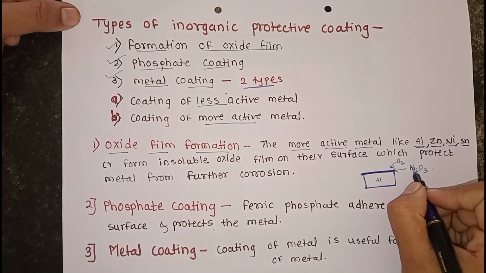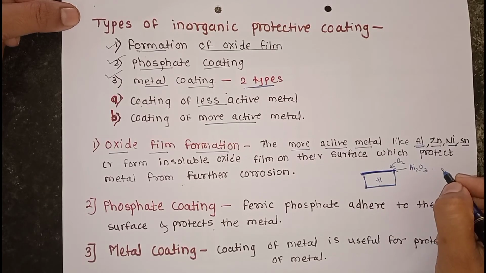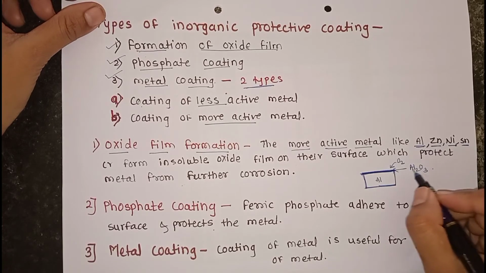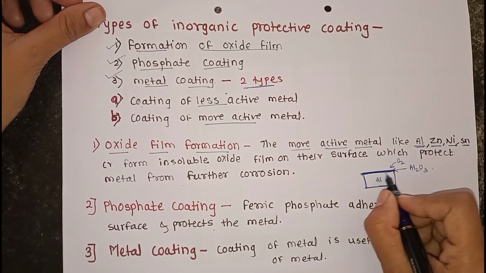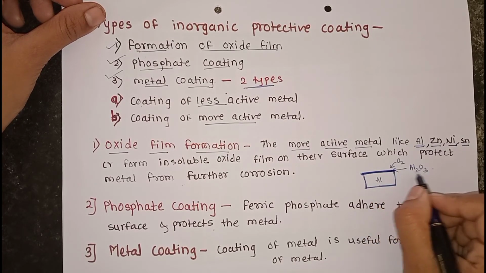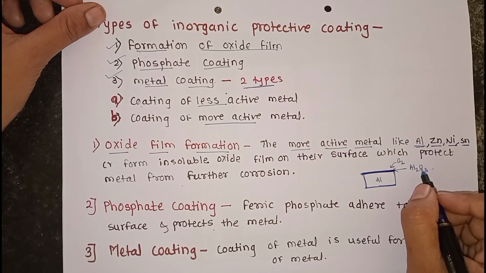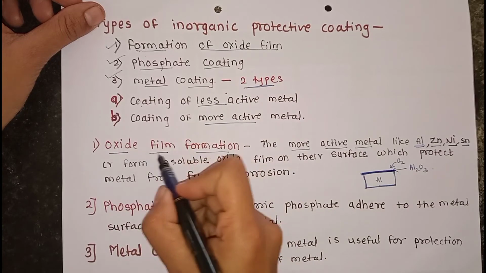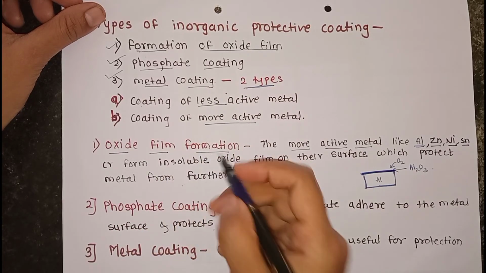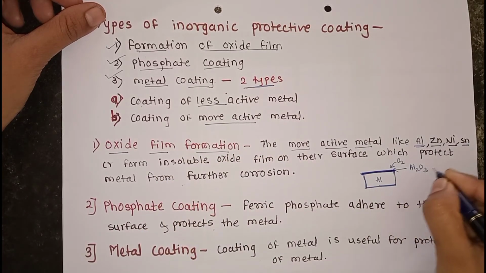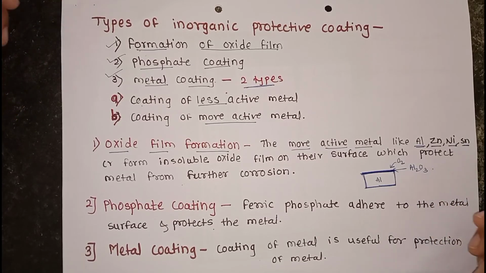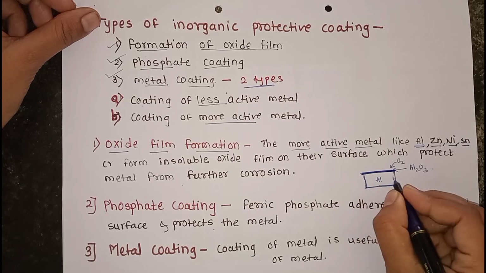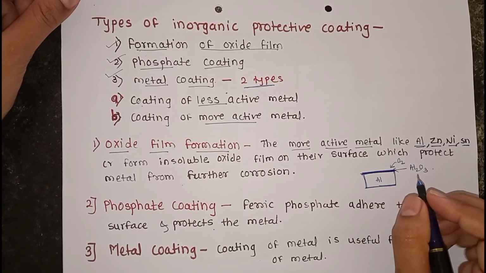This aluminum trioxide film is non-porous, as we already discussed in our last session. So the oxide film formed on more active metals is non-porous, meaning it is protective and can protect the metal from further corrosion.